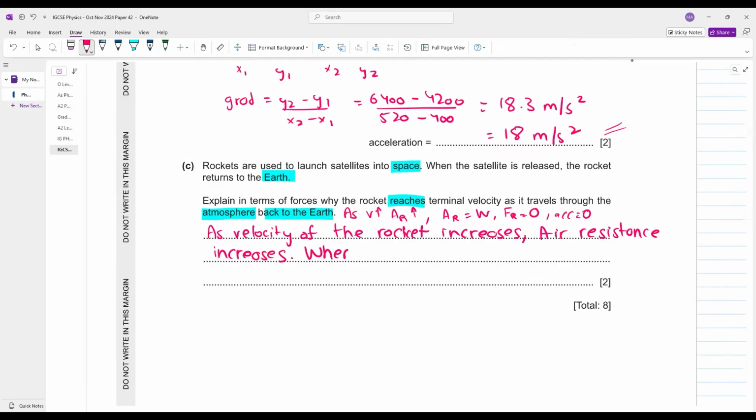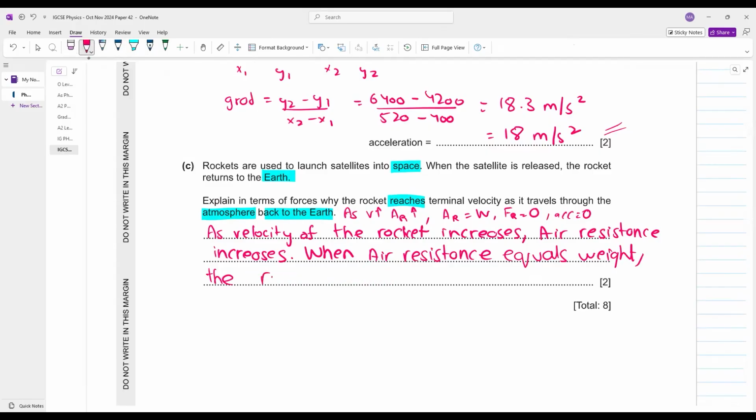When air resistance equals weight, the rocket reaches a terminal velocity. Let's write one more point.